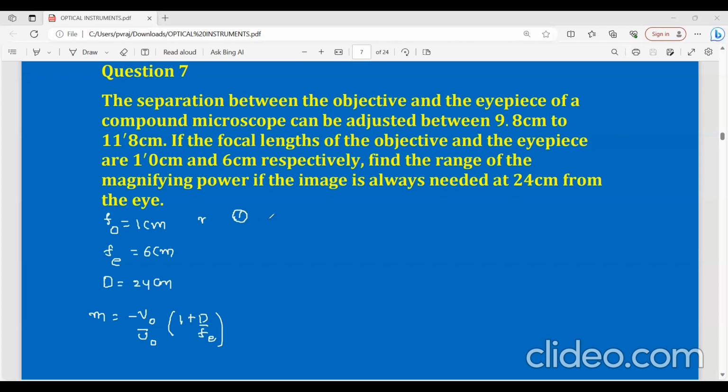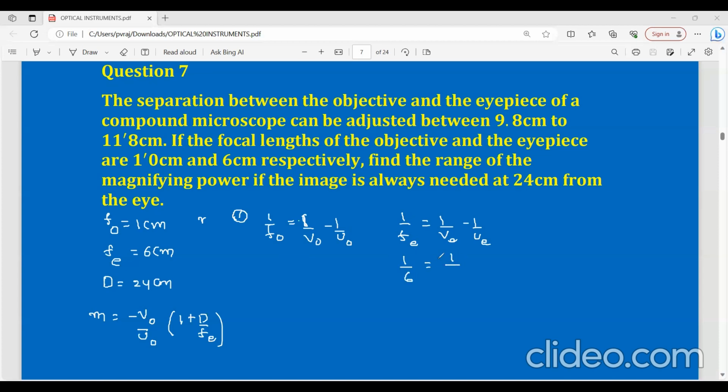In the first case, as in the previous case, for objective lens, the formula we use is 1 by F objective equal to 1 by V objective minus 1 by U objective. For eye lens, 1 by FE equal to 1 by VE minus 1 by UE. Okay. So FE value, we know that already. What is that? 1 by 6 equal to.